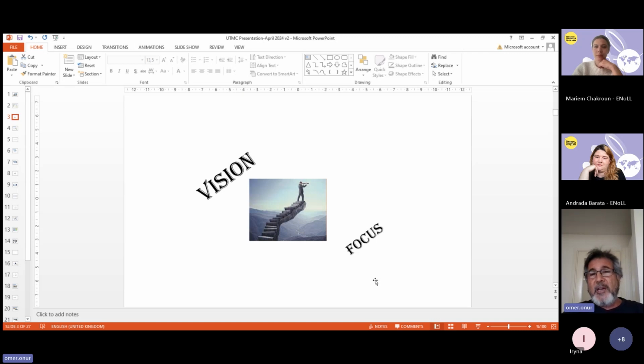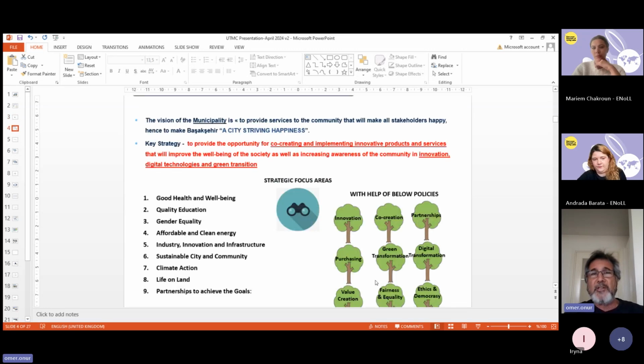So let me start. First of all, Başakşehir Living Lab is a city living lab. It's an urban living lab, and it belongs to the Başakşehir municipality. So as a living lab, of course, our mission is to support the city vision. And the city vision is a simple slogan: to make the city a city of happiness for all its community.